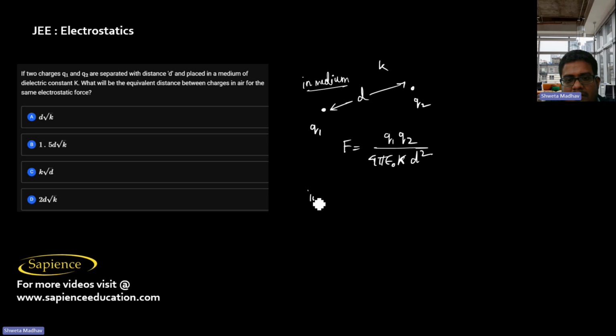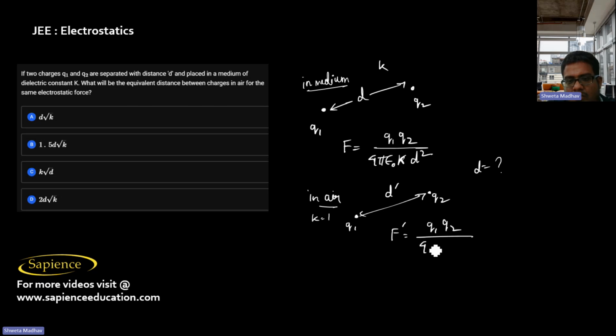And in air, let's say the separation should be d dash, and for air the dielectric constant is 1. So Q1 and Q2 are placed at a separation d dash, so d dash should be how much, that is asked. So the new force also should be the same, Q1 Q2 by 4 pi epsilon naught into d dash square.